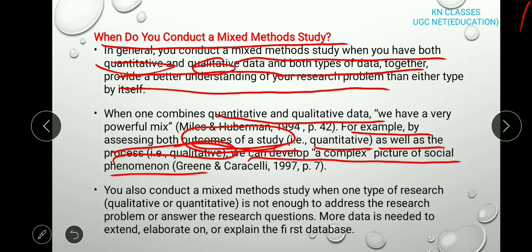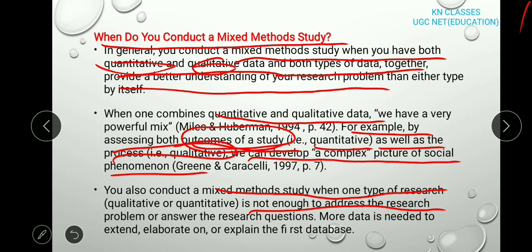You also conduct a mixed method research study when one type of research is not enough to address the research problem. When qualitative research is not enough, there is a requirement for quantitative research.